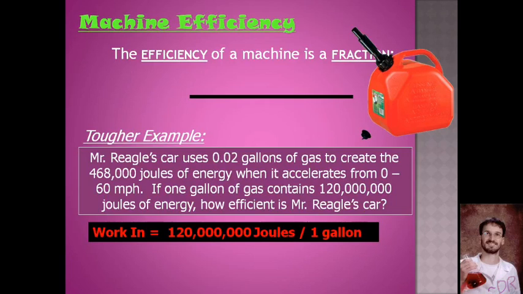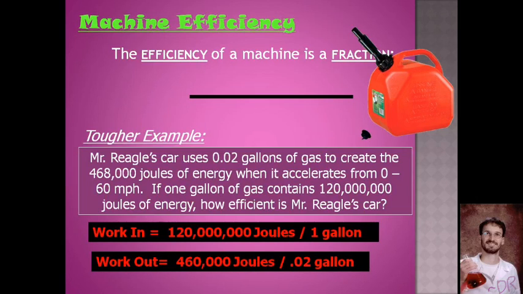How much of this is put into my car? Well, every gallon of gas has this much possible work, or this much possible amount of energy. But what I'm getting out is 460,000 joules in 0.02 gallons. So the work in goes on the bottom of the fraction.